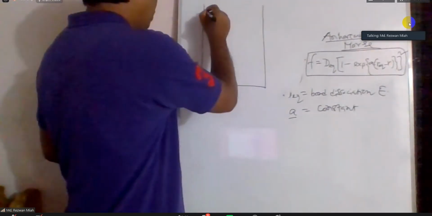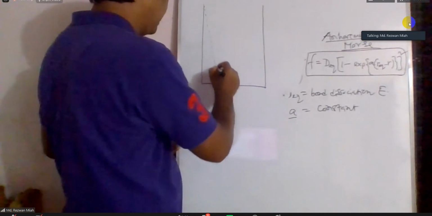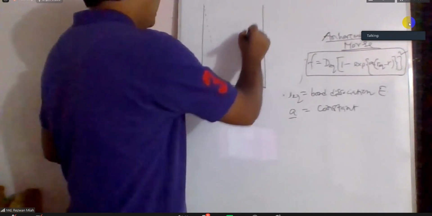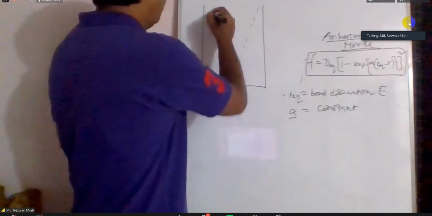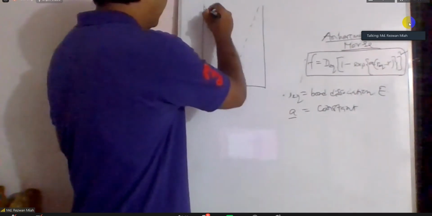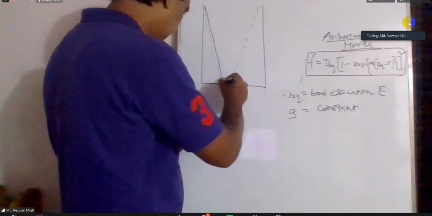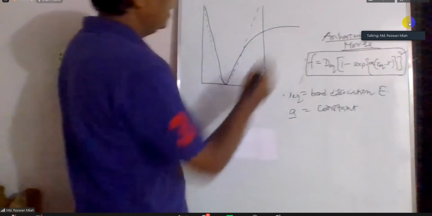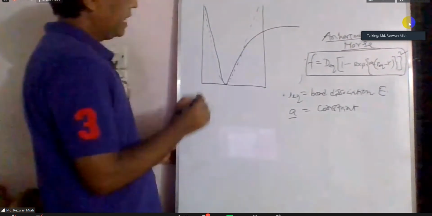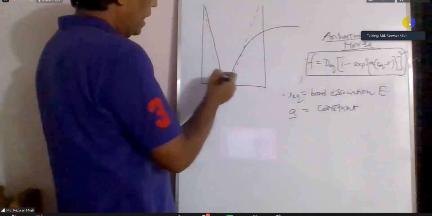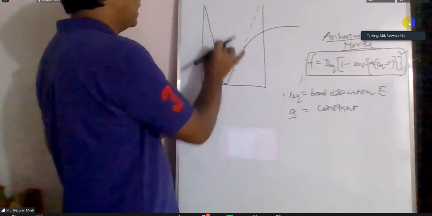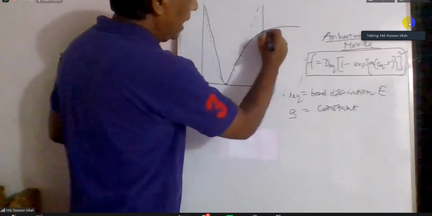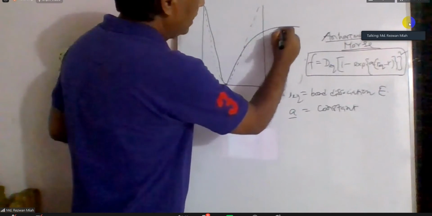The dotted line is the harmonic case, which is the perfect parabola. But in the case of Morse's consideration, as a result of compression, the molecular energy increases sharply, but on extension, after a certain value, the energy remains the same.